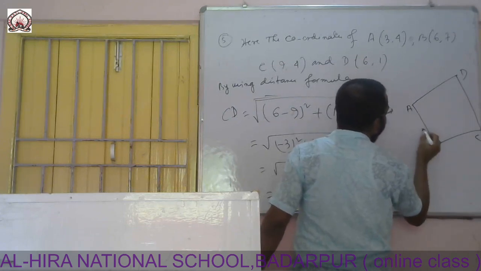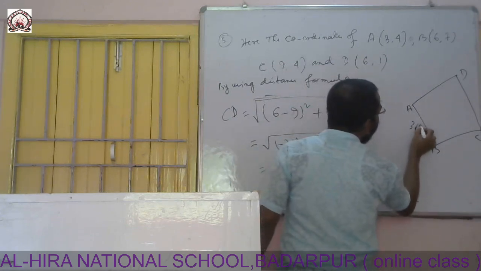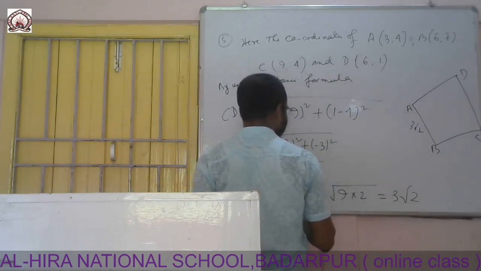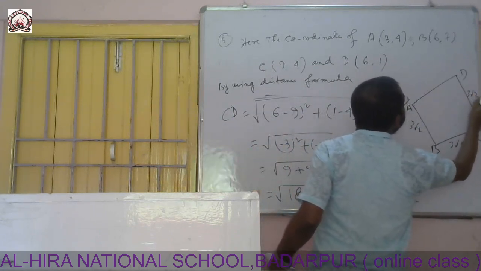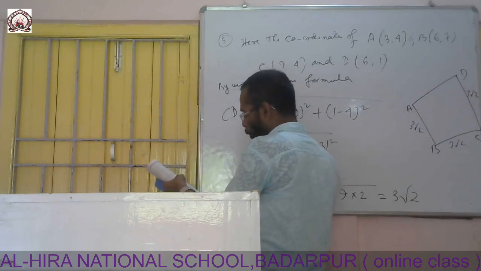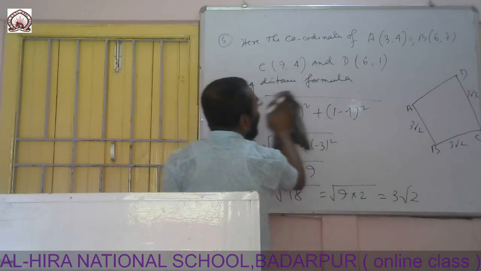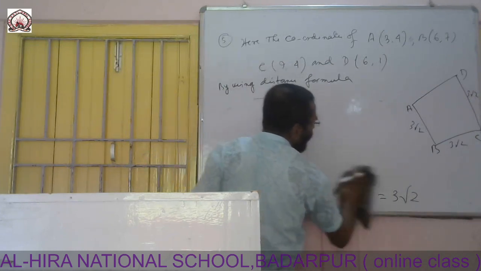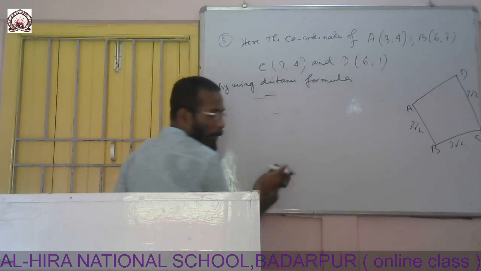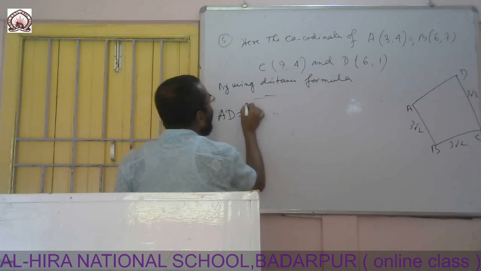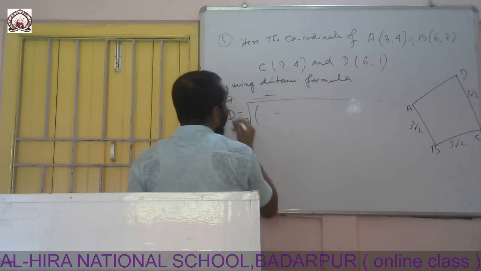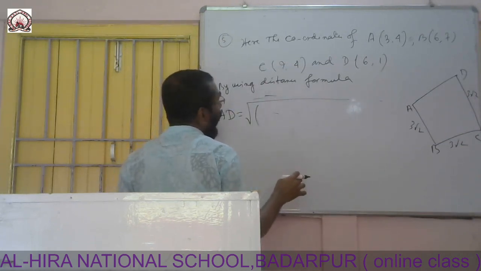So AB we are getting 3 root 2, BC 3 root 2, CD is 3 root 2. Now AD will be square root of, D is x4 and A is x1.